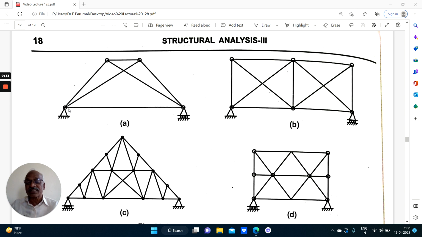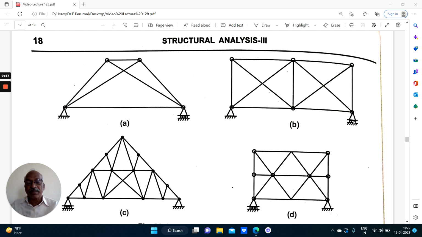All the 4, A, B, C, D, are resting on one hinged support and one roller support. So all the 4 examples given here are externally determinate. There are 3 reaction components, 3 equations you can solve.